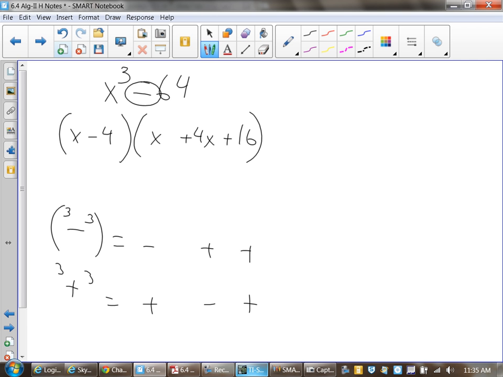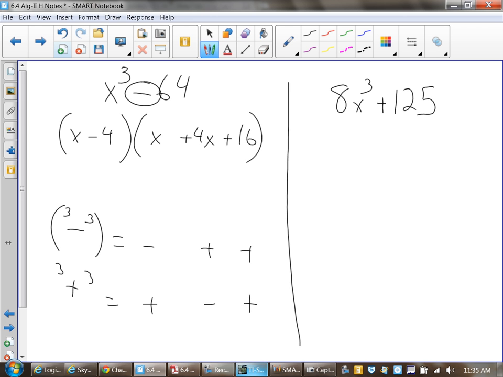The only trickiness that you're going to see with something like this is that not only can you have a perfect cube like x cubed minus 64, it might be written like this: 8x cubed plus 125.